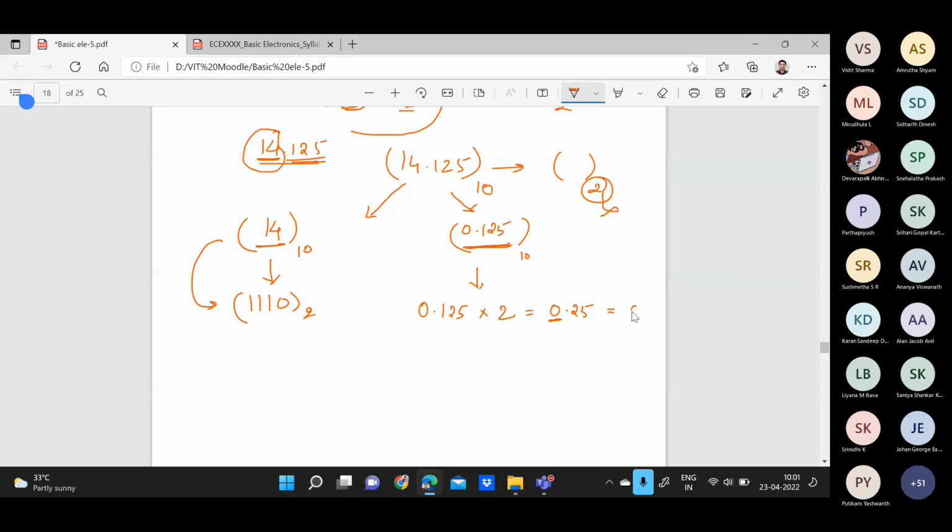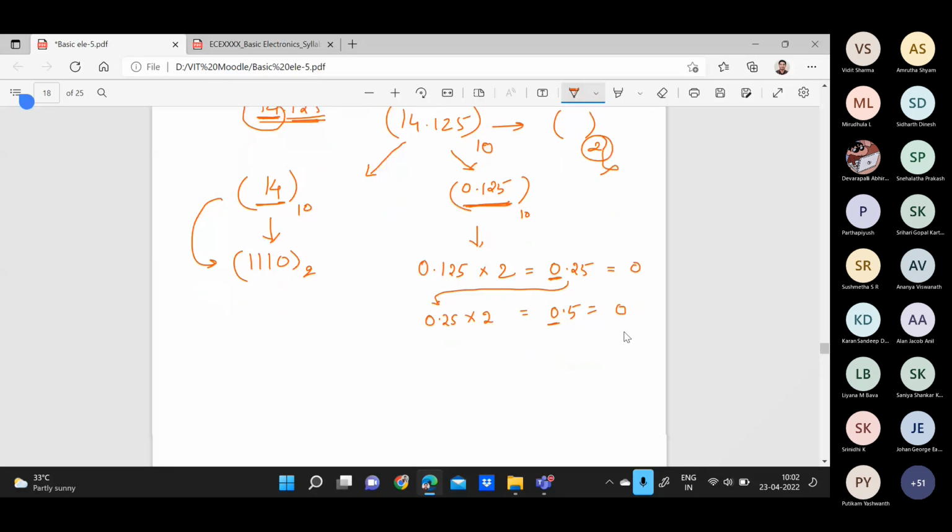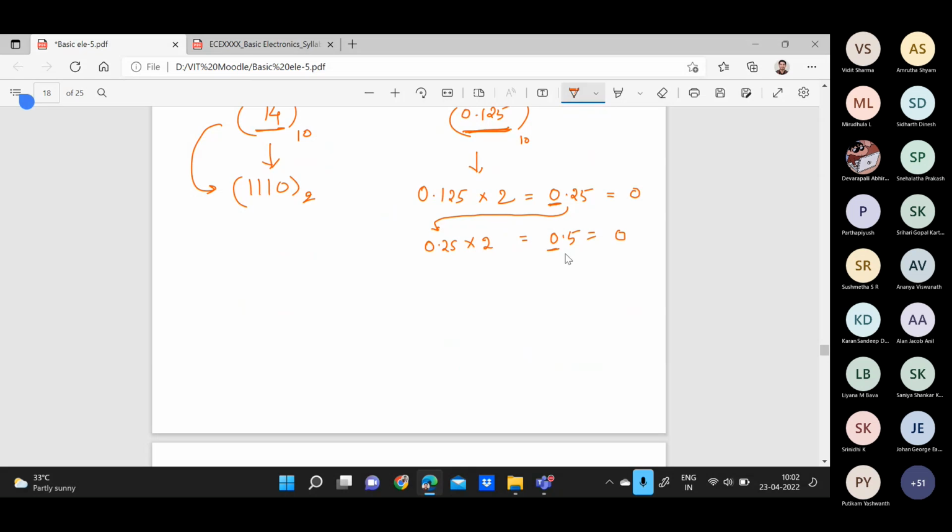The integer value is 0. Now you bring this 0.25 here again, multiplied by 2. What will you get? 0.5. Again, note down the integer value, that is 0. Again, bring this 0.5 here and multiply by 2.